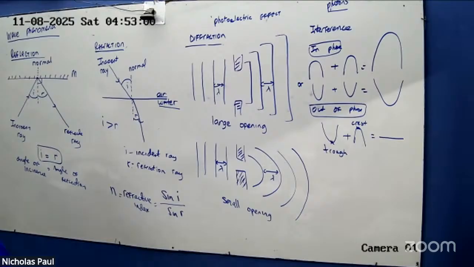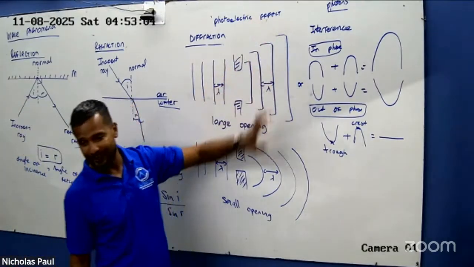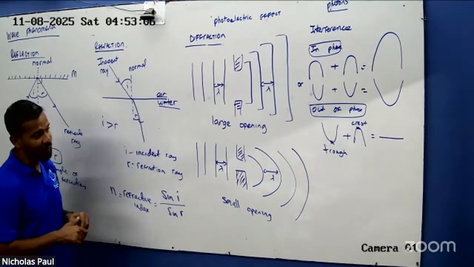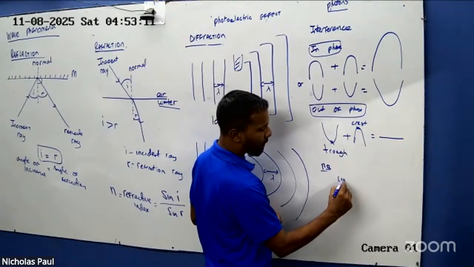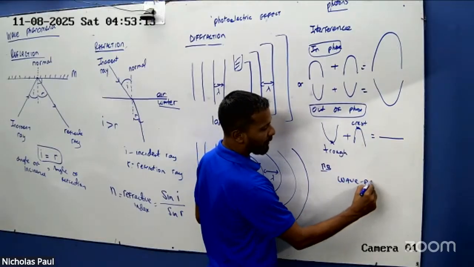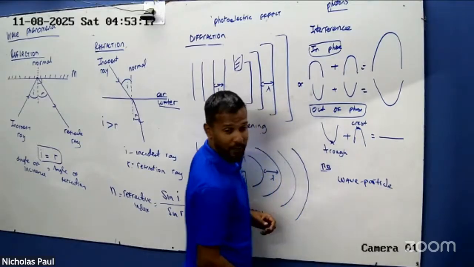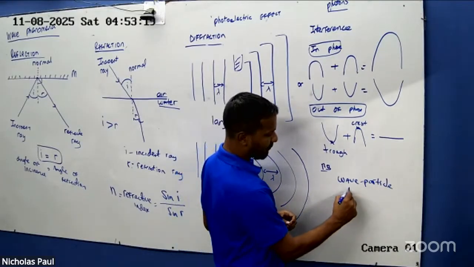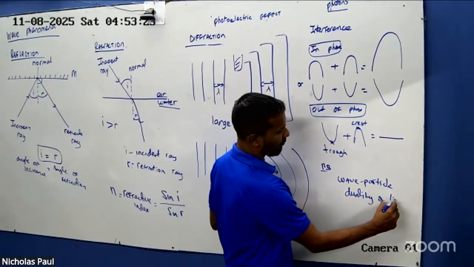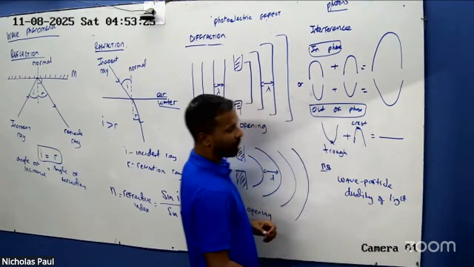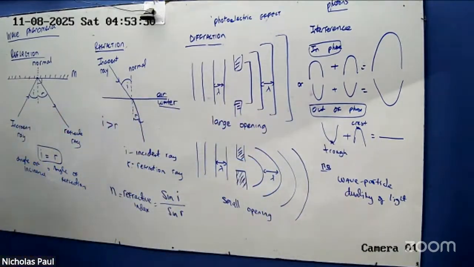Okay, so now light has two properties: wave properties and particle properties. Right? It's known as the wave particle duality of light.